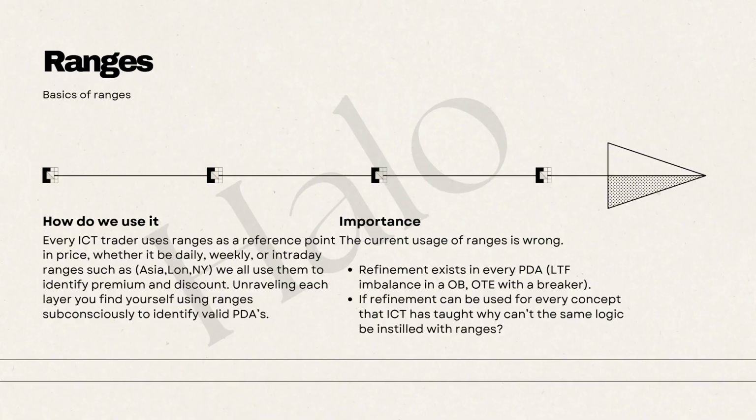The importance. Now, the current usage of ranges is wrong. Why do I say that? Because a lot of people, and this is not mainly for QT traders, because QT traders naturally, if you learn through it, you prioritize certain ranges by themselves, whether it be previous quarter range, previous day, previous week, whatever, so on and so forth.